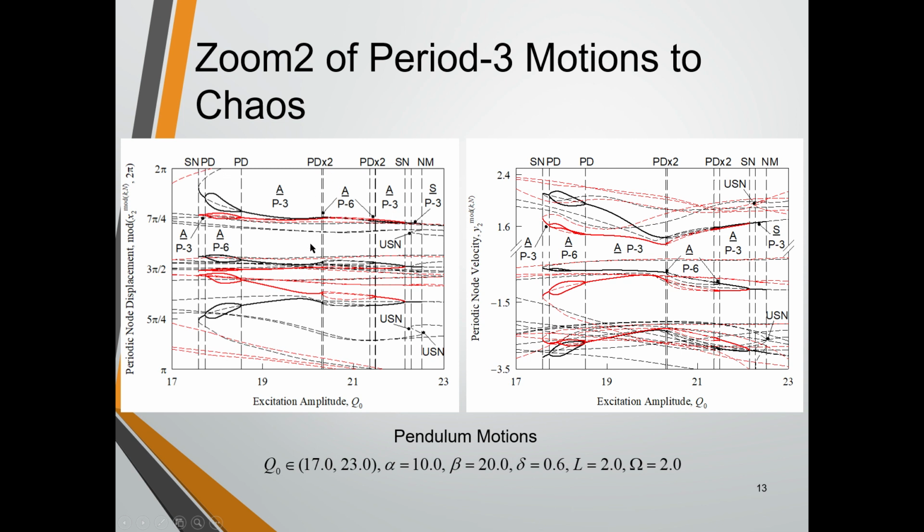However, for the second one here, you see we have a period doubling bifurcation here, and then another period doubling bifurcation for the period 6 motion, and then you will see more as it goes, with the stable range shrinking exponentially.